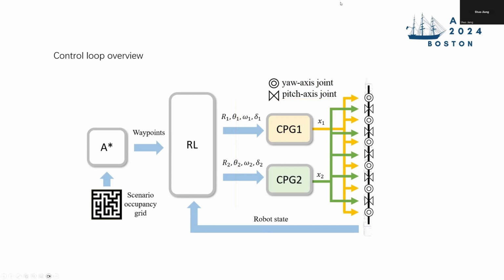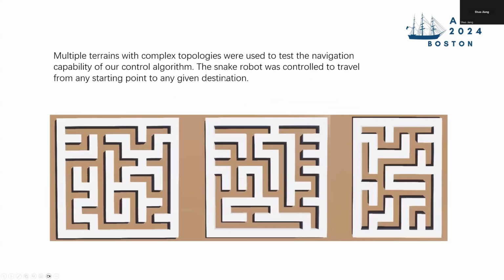Right. So we test the robot on multiple terrains or maze layouts with very complex topology, which are randomly generated. We use this to test the navigation capability. The snake robot is controlled to travel from any start point to any given destination.